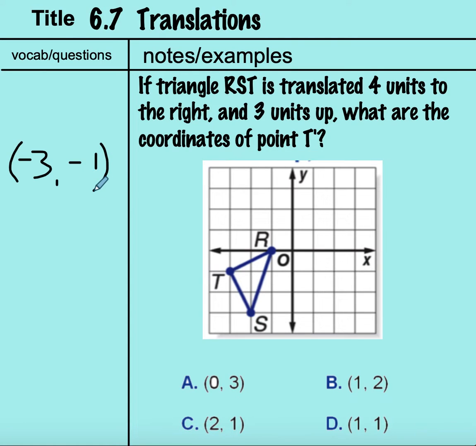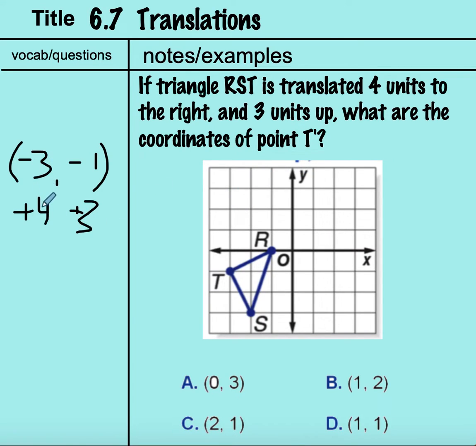Okay. Now, if I think what's going to happen to those vertices in my translation, it's going 4 units to the right. 4 units to the right is going to add 4 to my X coordinate. 3 units up is going to add 3 to my Y coordinate. Again, we're going to the right and up, both in the positive direction.